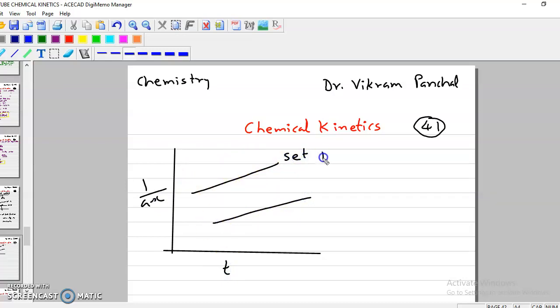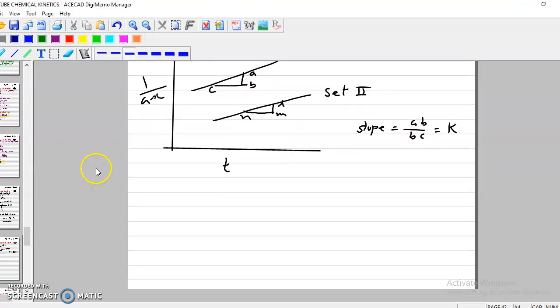This is set 1 and this is set 2, and we can find out the slopes a, b, c, and here l, m, n. So remember, for any set the slope is equal to AB upon BC or LM upon MN, and which is equal to k. This is the graph for A is equal to B.